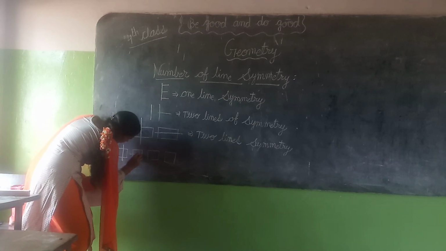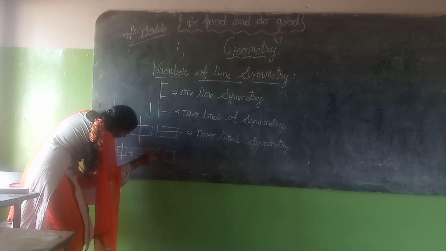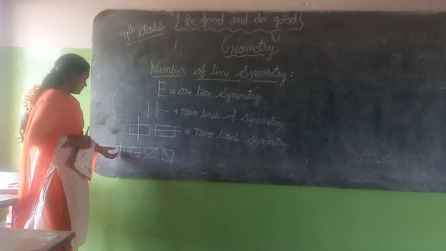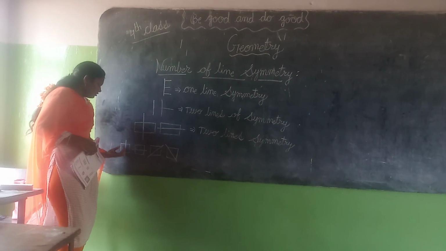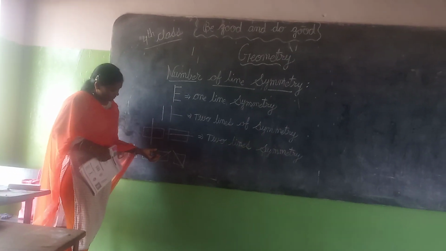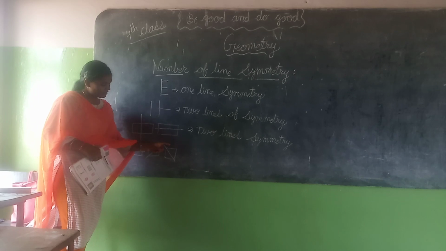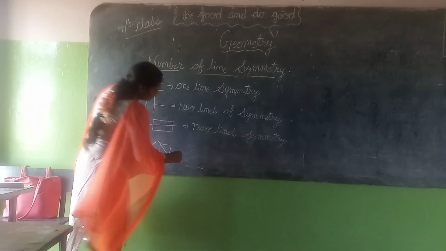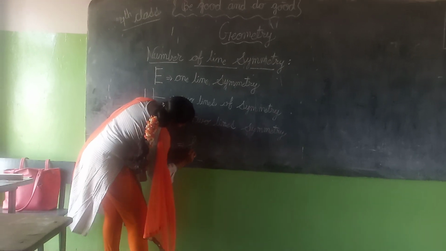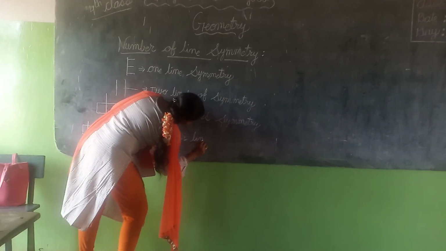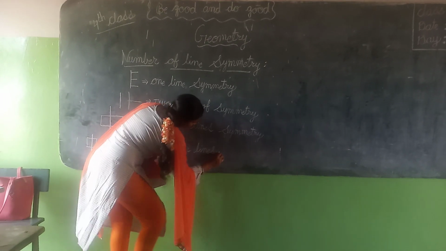Next we draw the horizontal line. This cut also gives two equal shapes. This is also above and below equal. This is also two equal parts. So in the square, how many lines of symmetry? Four lines of symmetry.